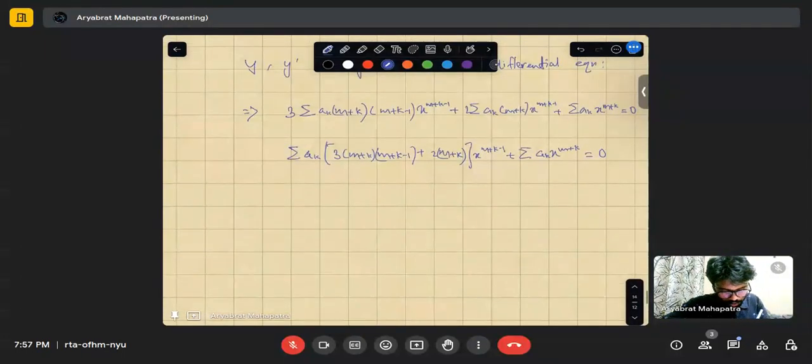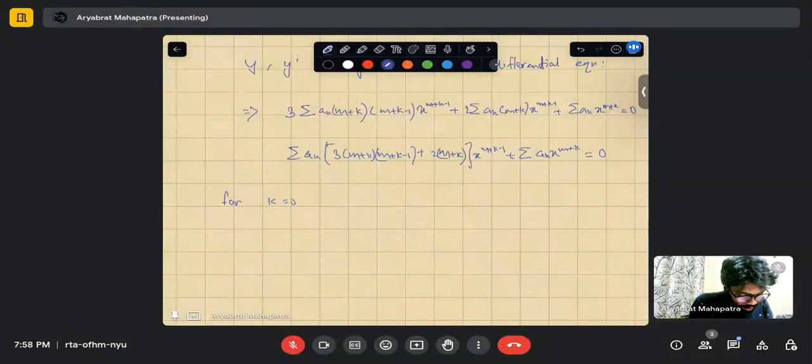For k equals to 0 in this equation, you have x to the power m minus 1 and x to the power m.